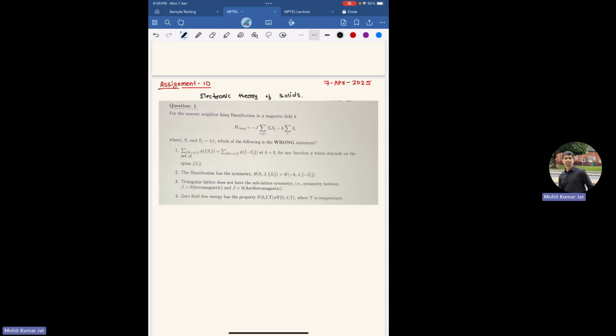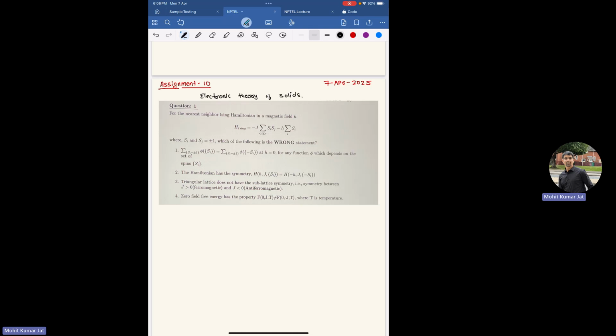Having said that, I'll start with question number 1, which says that for the nearest neighbor Ising Hamiltonian in a magnetic field h. Here small h is a magnetic field, and capital H is the symbol of the Hamiltonian operator.